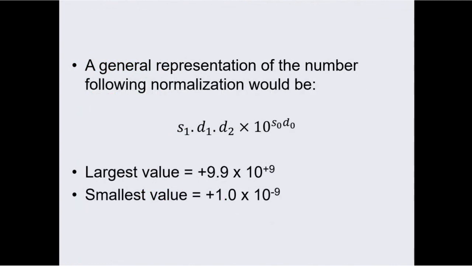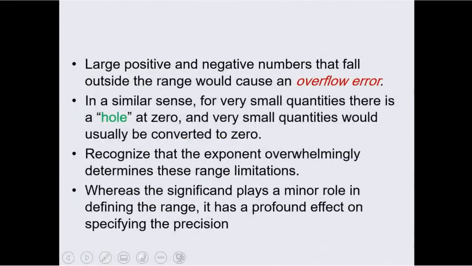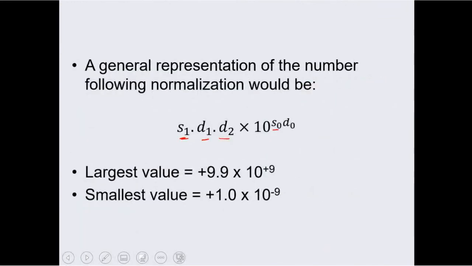A general representation can then be given as S1 for the sign, D1, D2, because we have two digits for the mantissa, multiplied by 10 to the power S0 D, where S0 means the sign of the exponent, and D is the digit that you can have for the exponent.